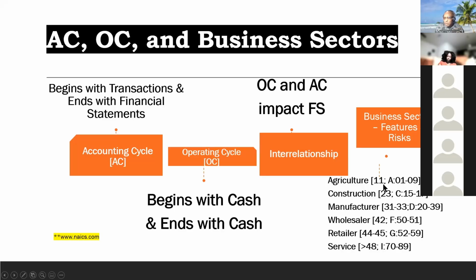Well, the number represents the NAICS for that particular industry. So if you wanted to look up the characteristics of agricultural businesses, these are the first two digits of that particular NAICS code.